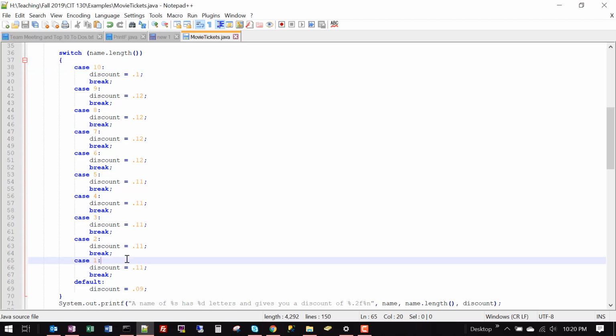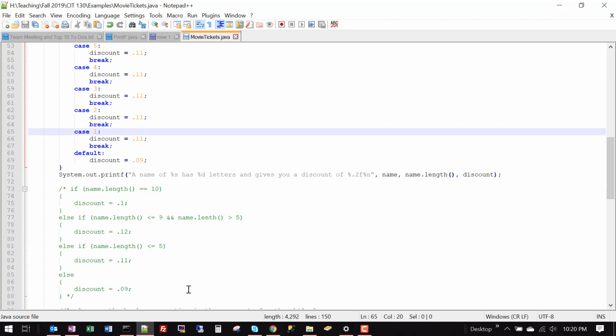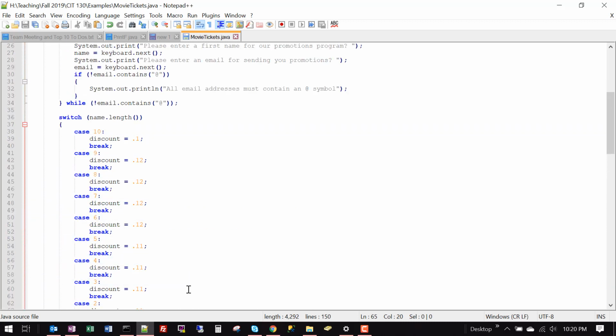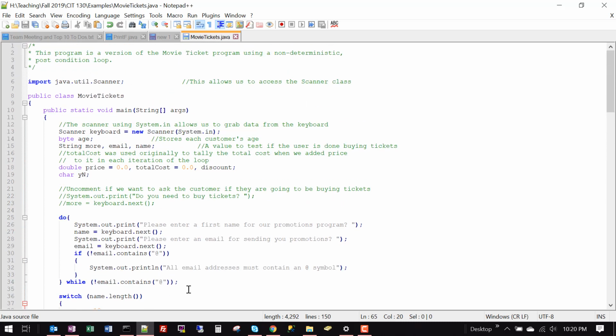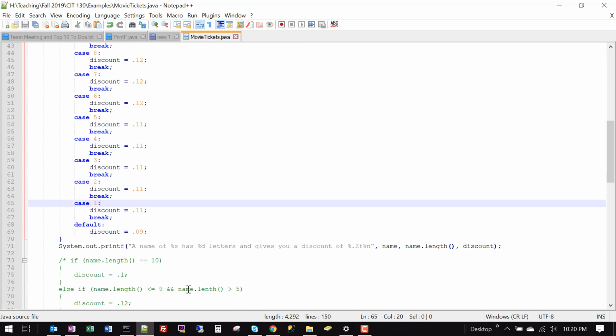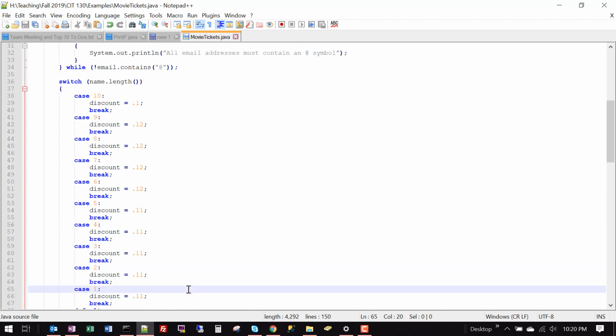Now, one of the things you may be asking yourself right now is, boy, that if way of doing it looks a lot simpler. And it certainly is, because we've seen it before, and it's somewhat similar. But there are some efficiencies we're missing here. One of the benefits of that label concept I just gave you is you see how 9, 8, 7, and 6 all yield that same discount.